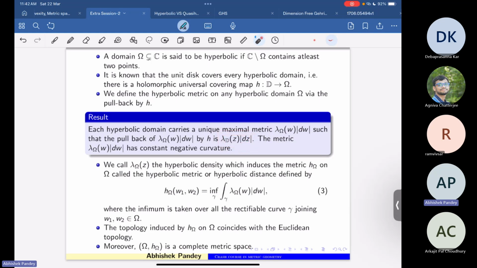We define the hyperbolic metric H omega on omega in a similar fashion. This is going to be a complete metric space, which gives the same Euclidean topology. So this we will call the hyperbolic density for a domain omega.